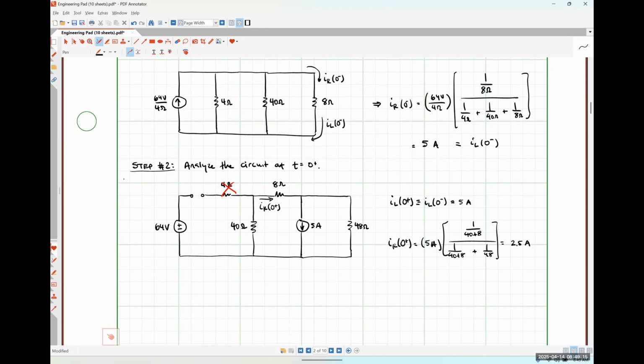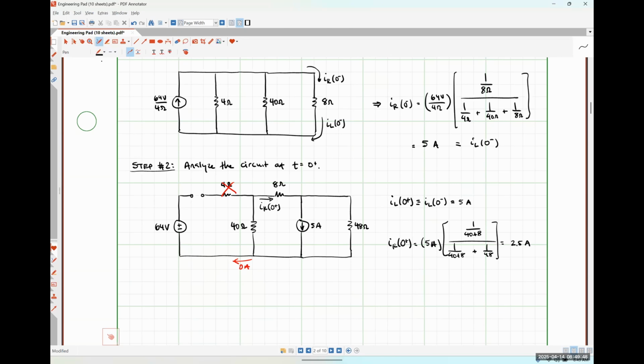It's not going to have any impact on our current division relationship because it's open circuited. So we know that that 5 amps of current is going to flow down. It's going to split between those 2 paths, but no current can flow this way because of the open circuit. Any other questions?